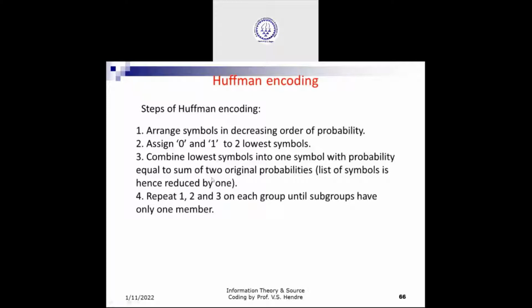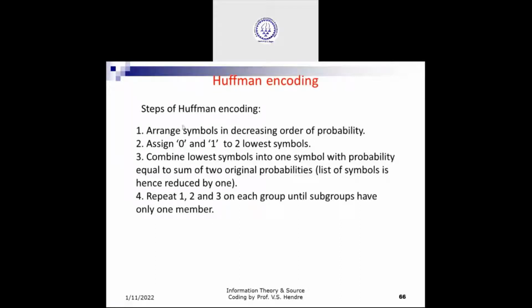You have to carry forward the sum of the two symbols at the bottom into the next column, where the sum will be a single symbol, and the symbols in the vertical column will get reduced by 1. You have to repeat steps 1, 2 and 3 until you have only one member in the last group.